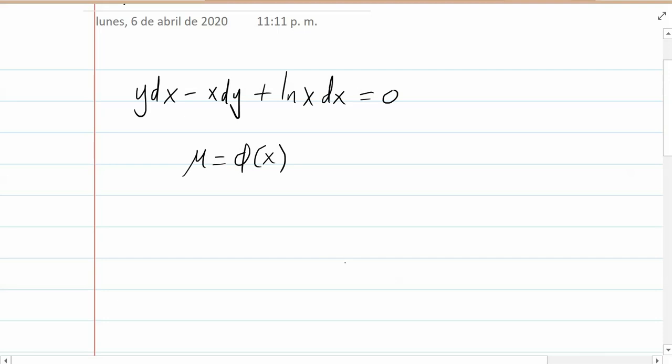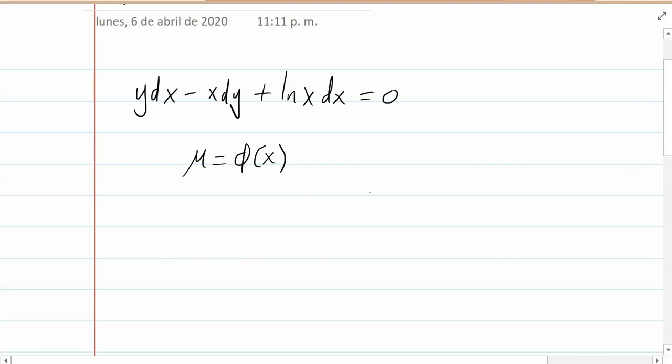This is the solution for question 3a in homework 3. The first thing we should notice is that the equation is written in a way that suggests it might be an exact equation.